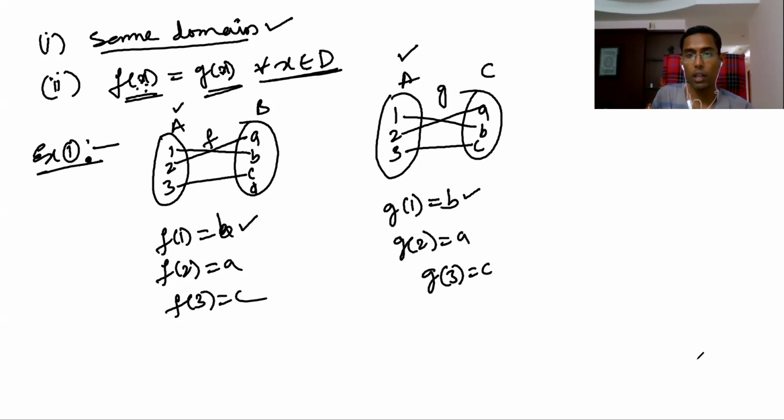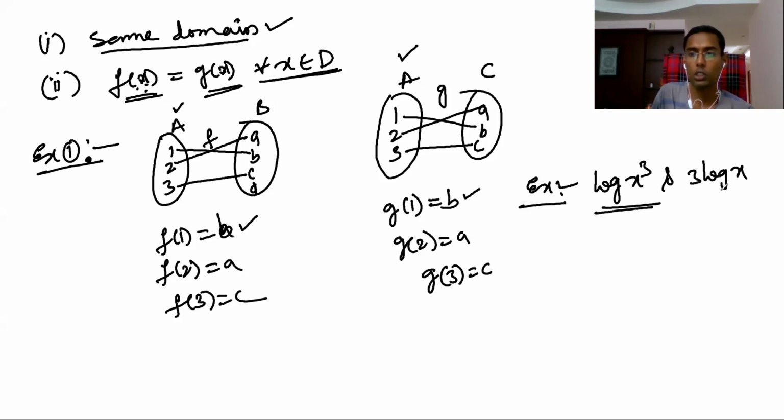Now I am giving one more example. Let's take log x cube and 3 log x. Both are equal functions because I already taught you logarithms. Log x cube is equal to 3 log x.